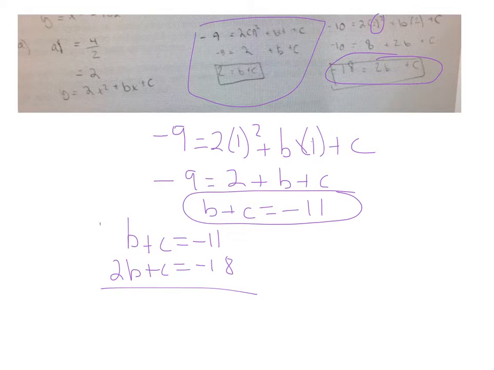If you line those up and you look at the vertical columns, if we subtract here, we get minus b, and then c minus c is 0, and negative 11 minus negative 18 is positive 7. So b equals minus 7. You can go back into either equation to solve for c, and c is minus 4. And so then you have the values that you need to put your equation together.